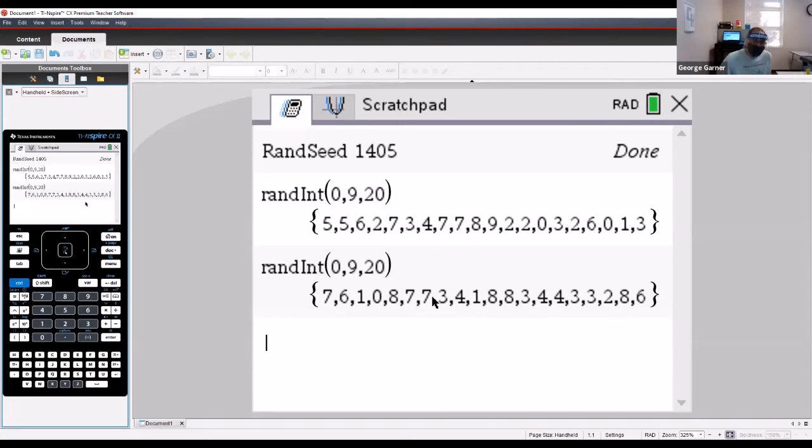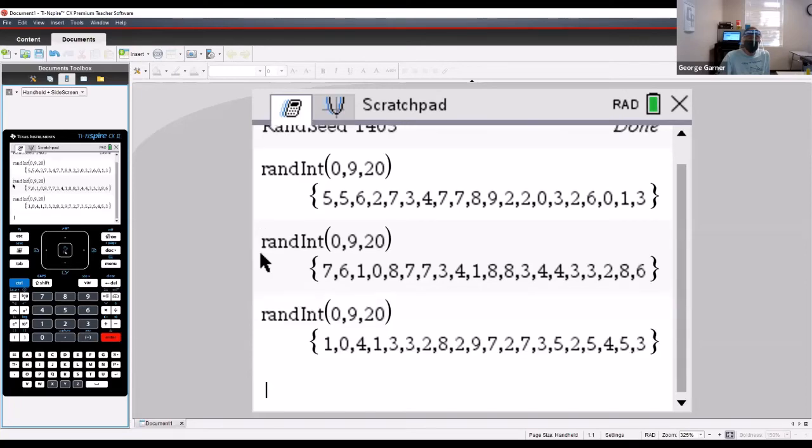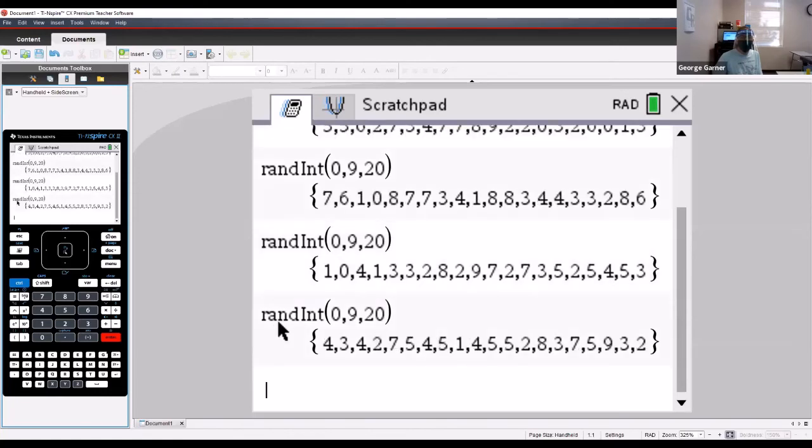3 more to go, so just hit enter again. 1, 2, 3, 4, 5, 6, 7, 8, 9, 10, 11. So that got 11 out of 20. 2 more to go. 1, 2, 3, 4, 5, 6, 7 out of 20.